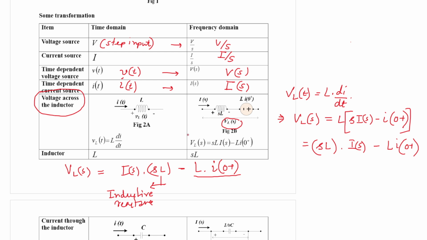So I(s) into SL, along with this, must be acting as a constant value voltage source with magnitude L into I0 plus, because it is a voltage equation.